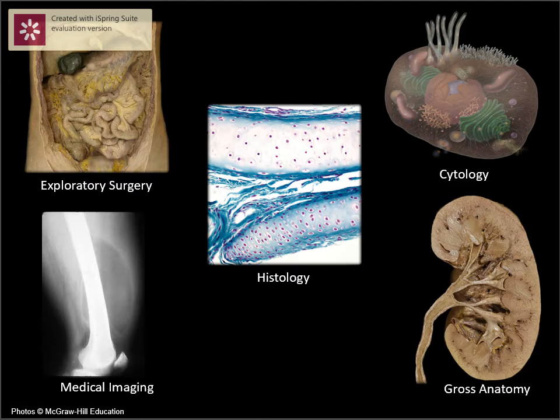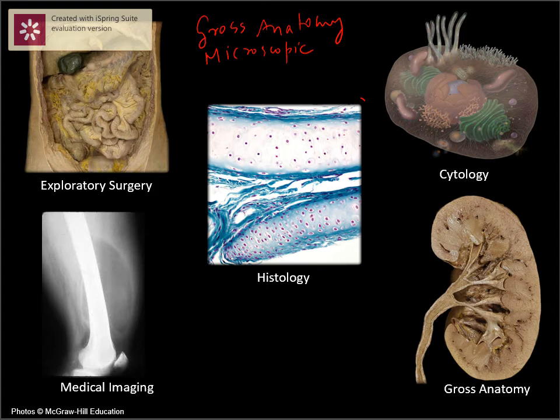Anatomy can be divided into several subdivisions, two of them major. The first major subdivision is gross anatomy, and the second is microscopic anatomy.